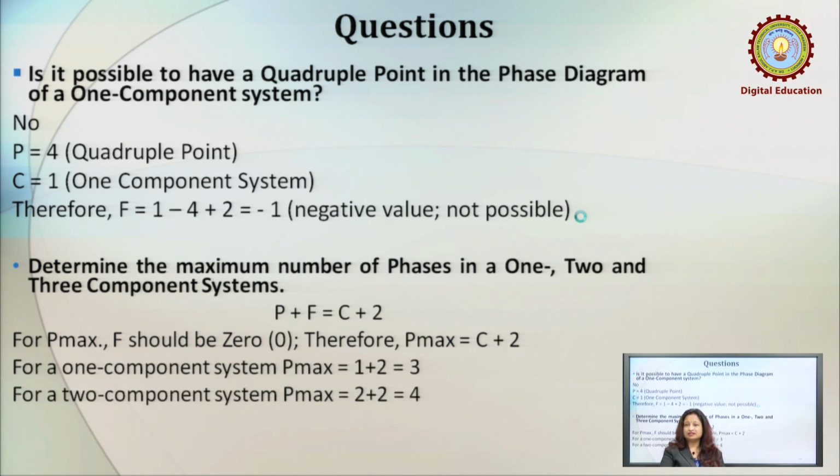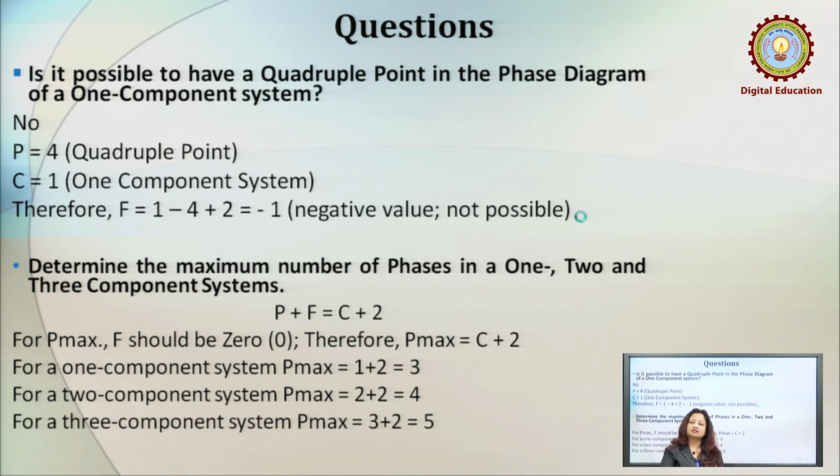For a 2 component system, P maximum should be 2 plus 2, that is 4, and for a 3 component system, it should be 3 plus 2, that is 5. So the answer is, for a 1 component system, the maximum number of phases would be 3. For a 2 component system, the maximum number of phases would be 4, and likewise for a 3 component system, the number of phases would be 5. I am talking about the maximum number of phases.